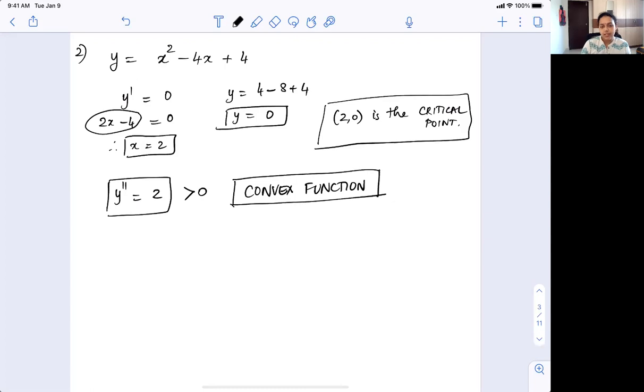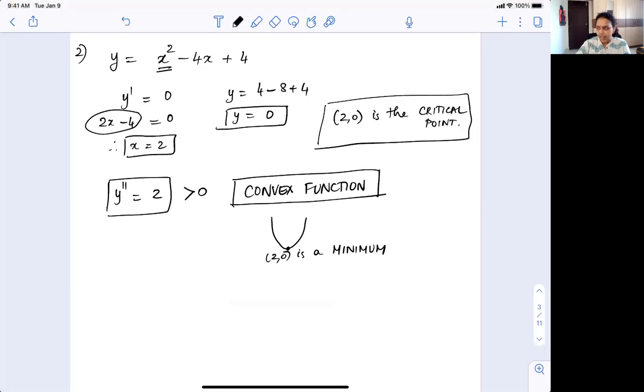In fact, this is a convex function that is U-shaped, and I am confident in that because I know I'm talking about a parabola, which is upward open because the coefficient of x squared is positive, so it's going to take a U shape. And because my second derivative is also positive, I know that this critical point, 2 comma 0, is a minimum point.